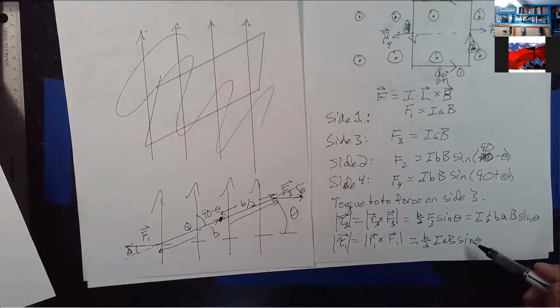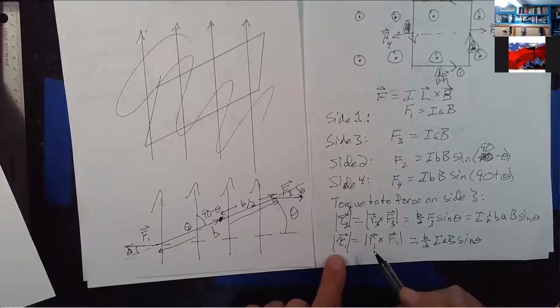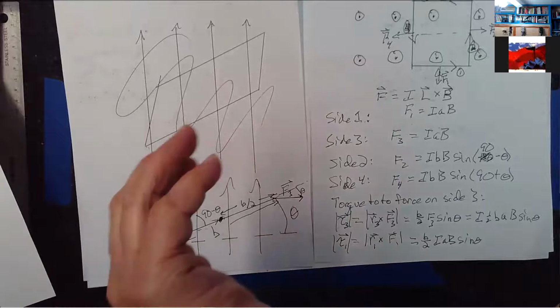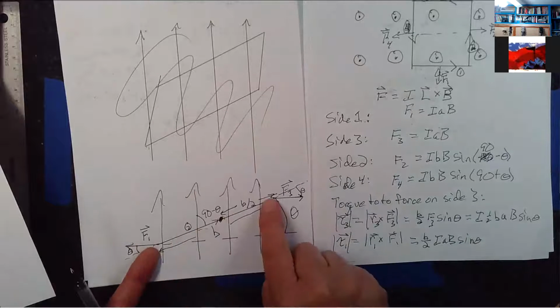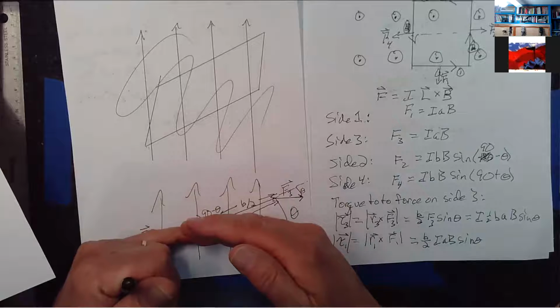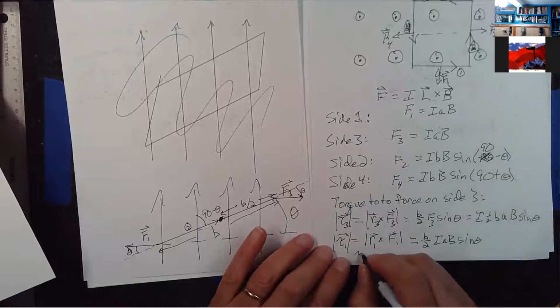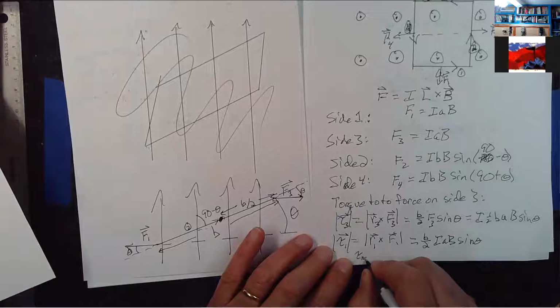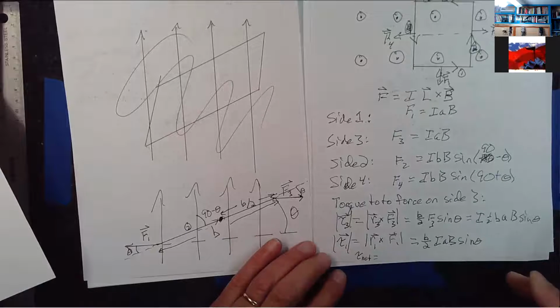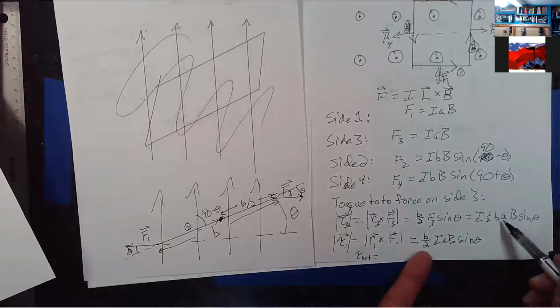Now, both of these torques act in the same direction. They will tend to make the plane of the current loop rotate in the clockwise direction. And so the net torque magnitude ends up equaling, if I add those two together, I just lose the 1/2.